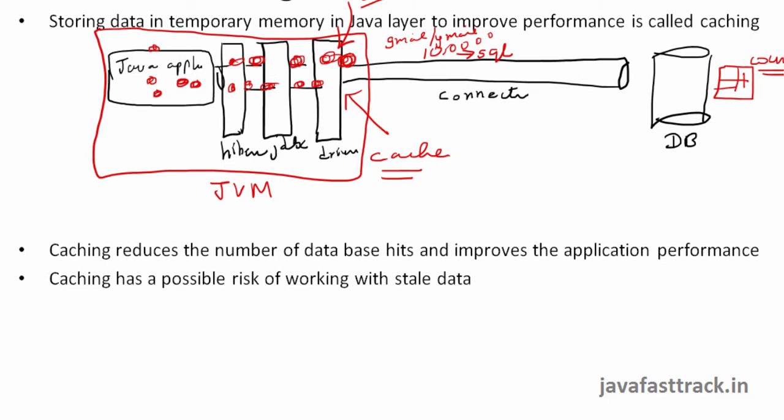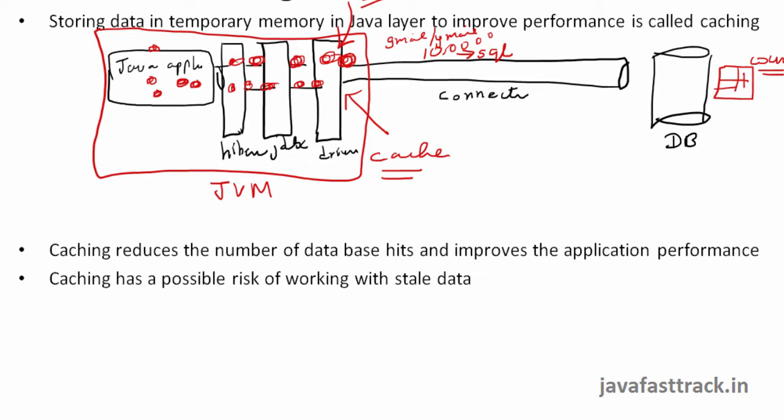The only disadvantage with caching is the possible risk of working with stale data. It means that when you retrieve data from the database and store it temporarily in the Java application, meanwhile the database data may get changed.